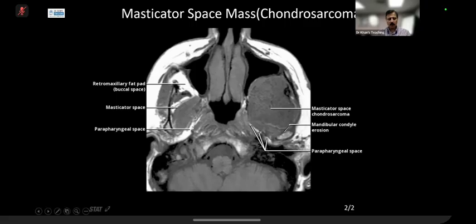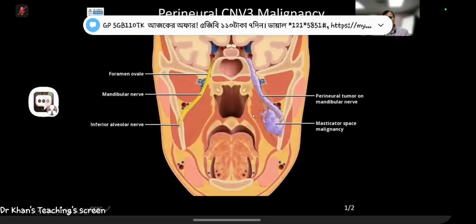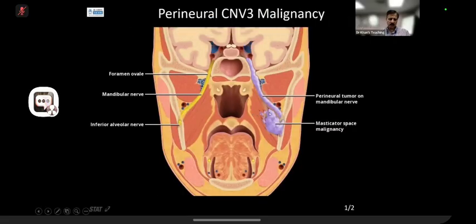This is normal. So you can see that the displacement of the fat will tell you which space the mass is in. And on this side, something is displacing it posteriorly, telling you that this is in the masticator space. So this is how you use your differential diagnosis skills.